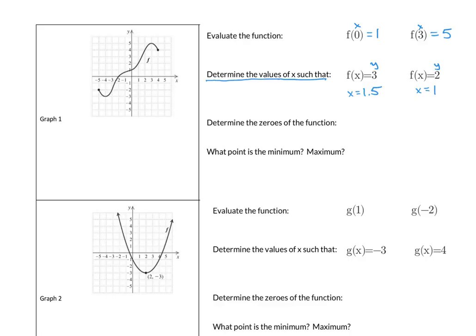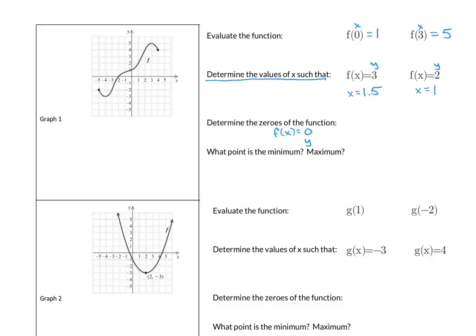The next thing we have is determine the zeros of the function. So remember again, this means f of x equals 0. This means y equals 0. So we are looking at going left or right. We are not looking at going up and down from our x-axis. So zeros, this is also another way to say what is the x-intercept.